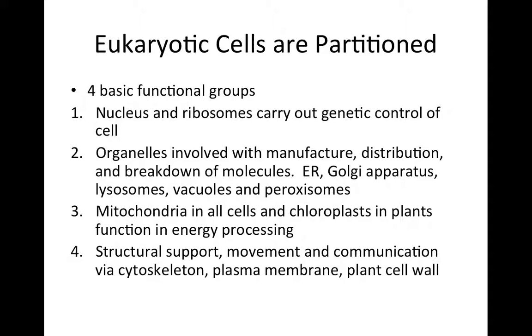Organelles themselves are involved with the manufacturing, the distribution, and breakdown of molecules. Specifically, what we're looking at is the ER, or the endoplasmic reticulum, the Golgi apparatus, followed by the lysosomes, vacuoles, and peroxisomes.